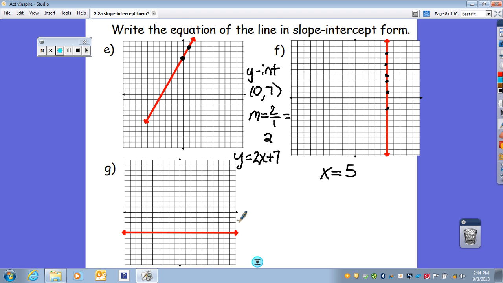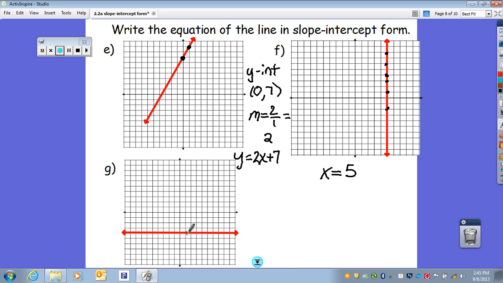Let's go down to G. G is an example of a horizontal line. First of all, we're crossing the y-axis at 1, 2, 3, negative 4. But what we want to take a look at is that the x values are infinite. The x goes infinitely from left to right.